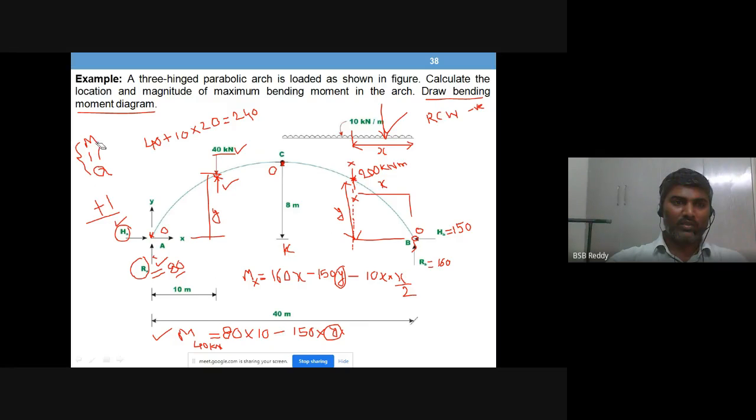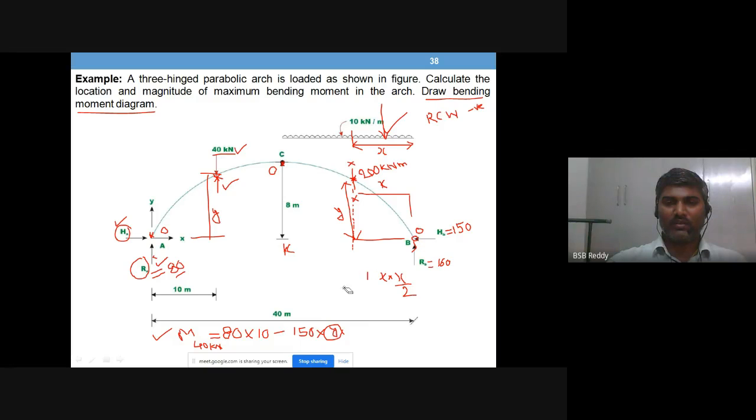Let me clear all these things. So how do you draw the BMD for this case? The calculation part, you just proceed with your calculator and get a value. I'll do it for a rough value, because you need to estimate the y value, then draw it.